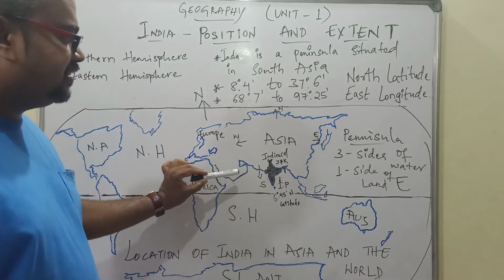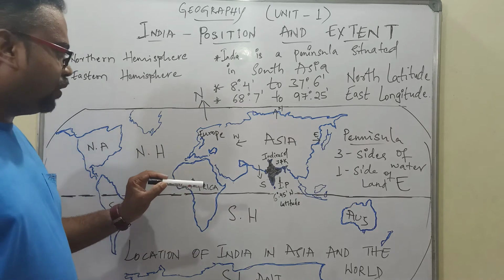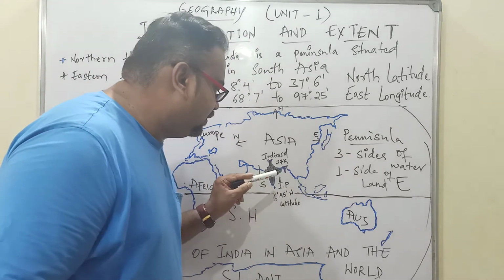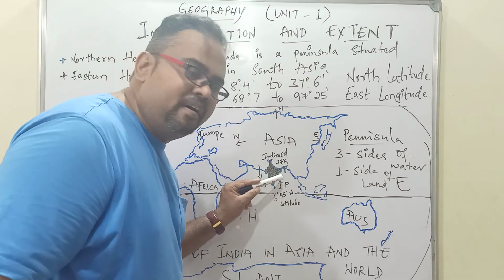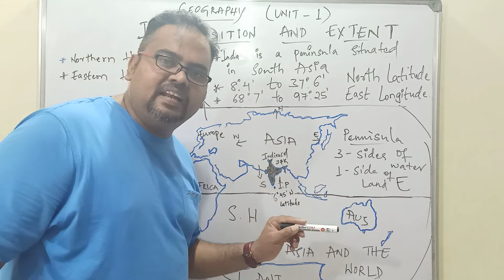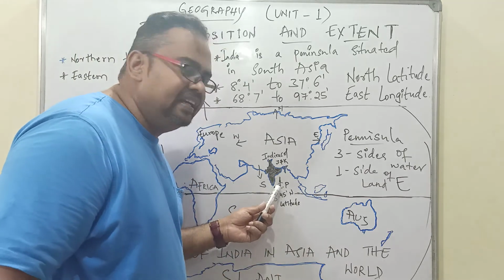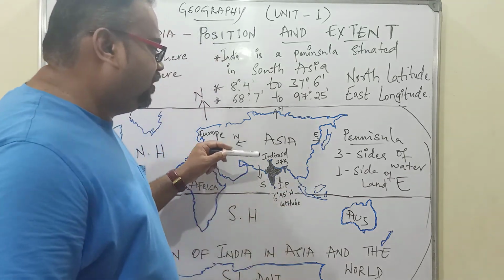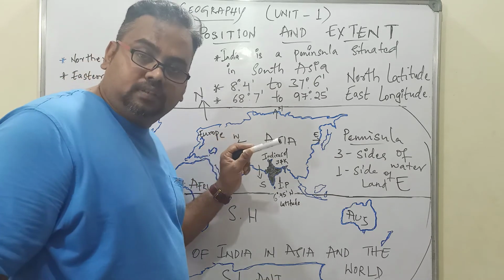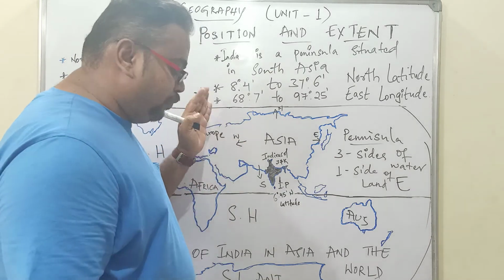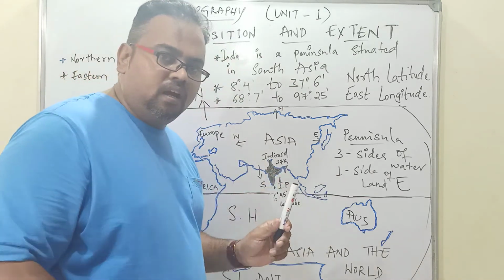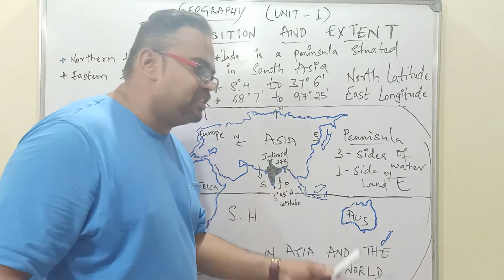These are the points you need to understand. India also has the Andaman and Nicobar Islands, and the southern tip of India lies in the Nicobar Islands, called Indira Point. Towards the north, the point on the northern side is Indira Col, which lies in Jammu and Kashmir.